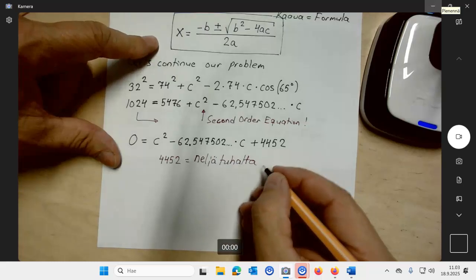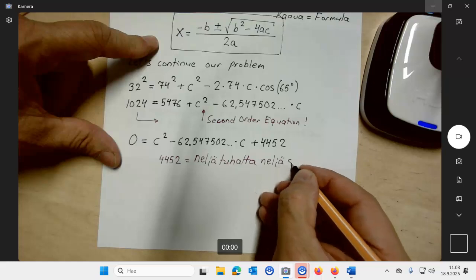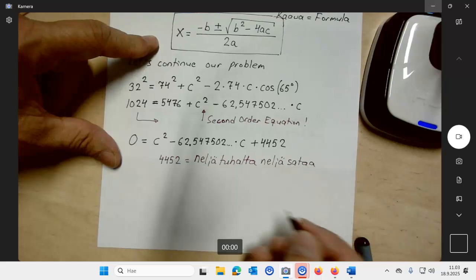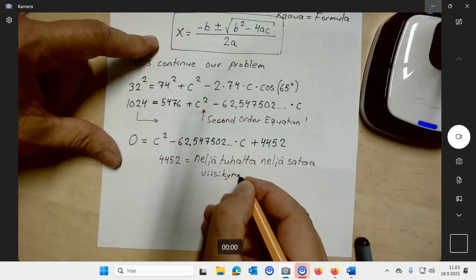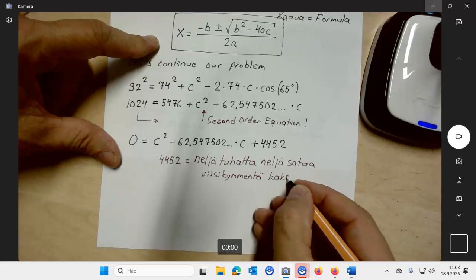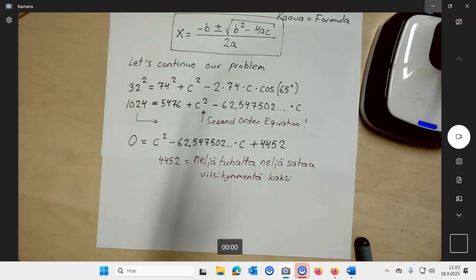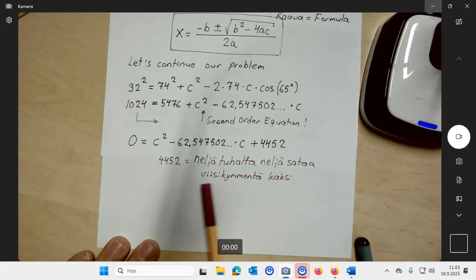Neljätuhatta 450 2, and it is one word. 4,450 and 2.